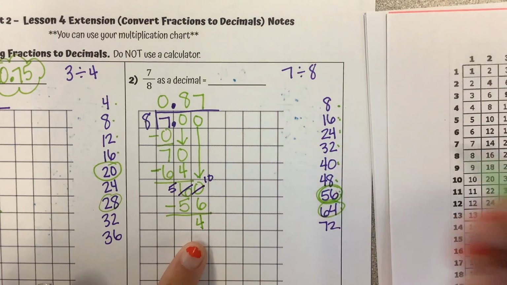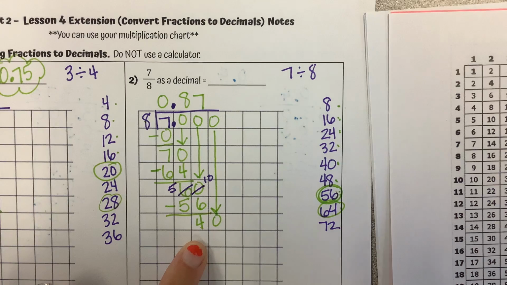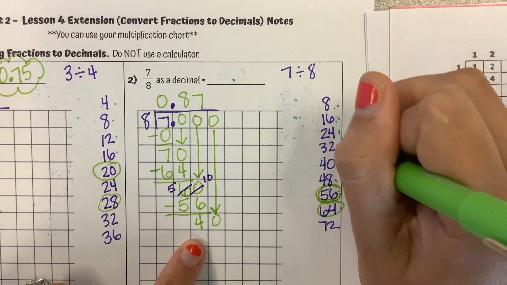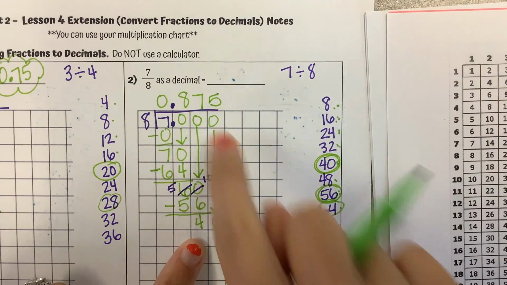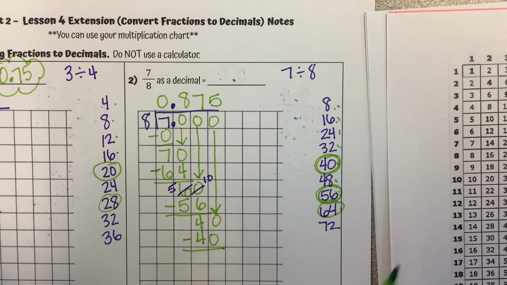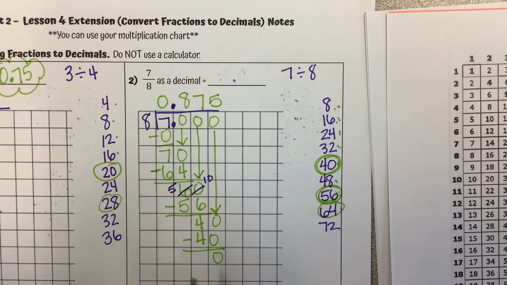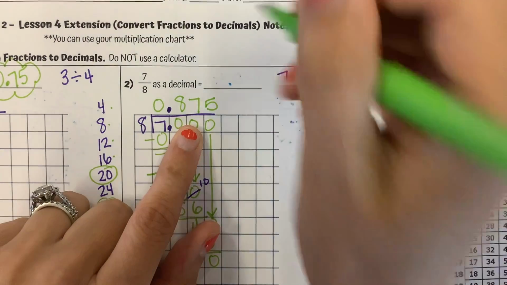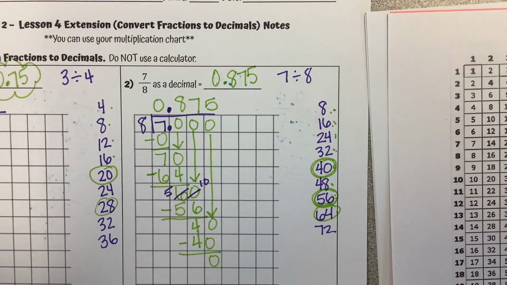We still have a remainder. I have nothing to bring down, so I'm going to add a 0. Now we have 40. How many times does 8 go into 40? 1, 2, 3, 4, 5 times exactly. 8 times 5 is 40. Now I can subtract. 40 minus 40 is 0. So we finally got our remainder of 0. That means 7/8 as a decimal is 0.875.